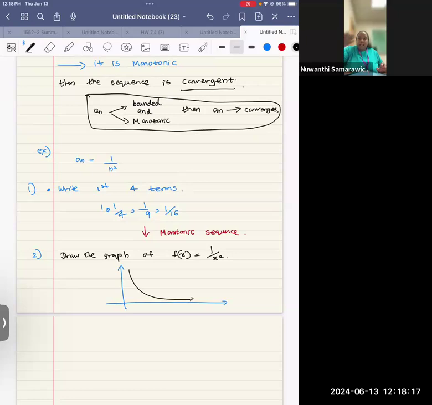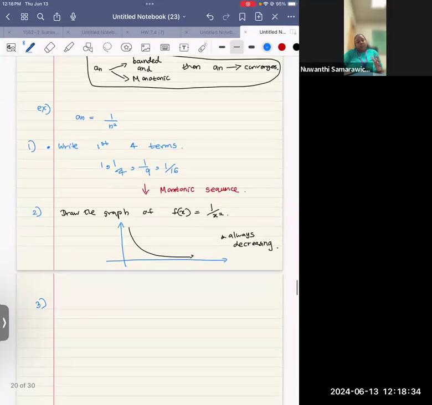So it is always decreasing. I'm giving different ways because some questions will be easy if you draw the graph, and some questions will be easy with what we showed yesterday. I will recall that also.